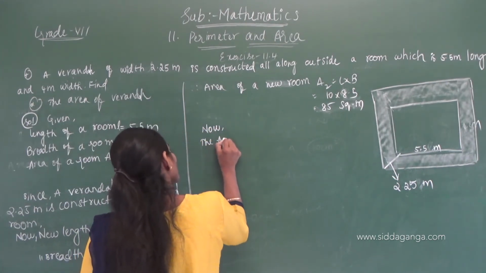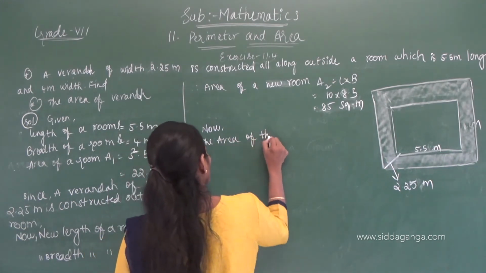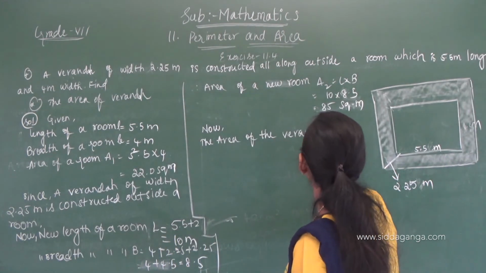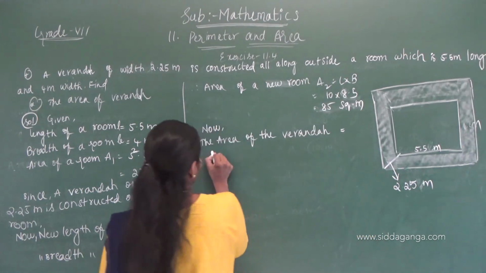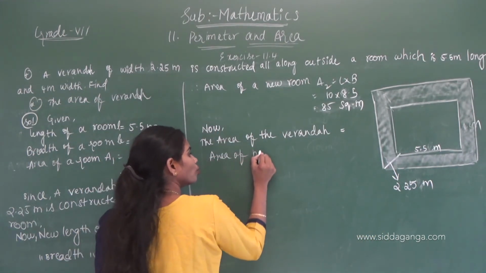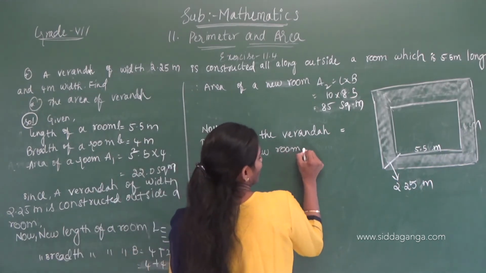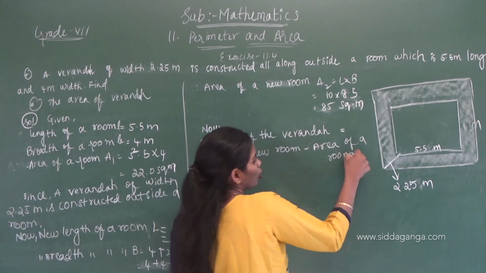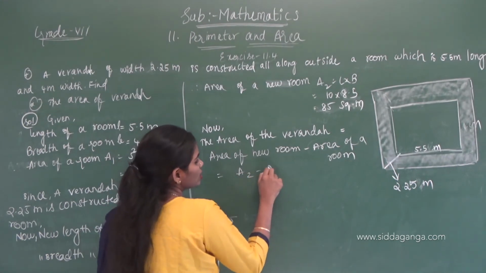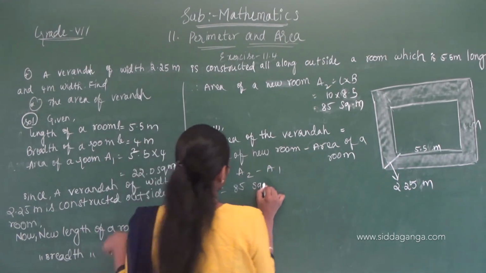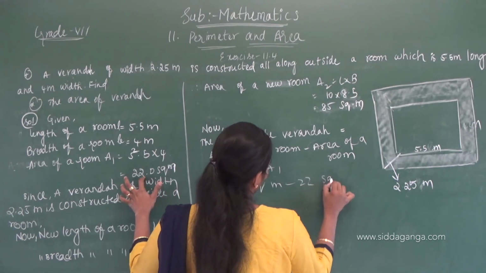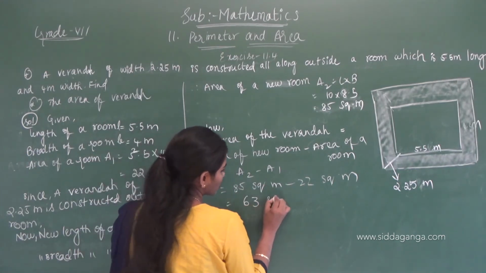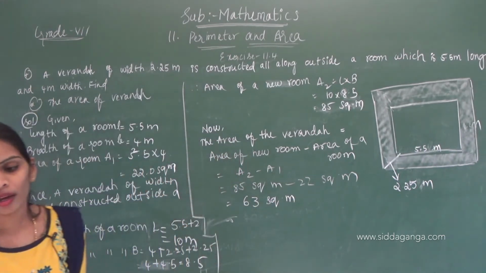Now the area of the veranda is equal to area of the new room minus area of the room, that is A2 minus A1, that is 85 square meters minus 22 square meters, that is 63 square meters.